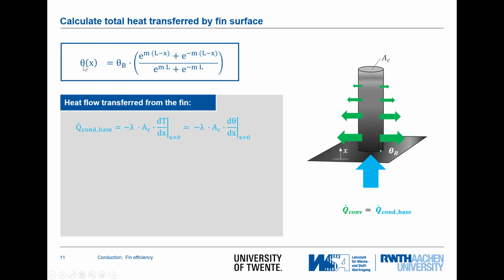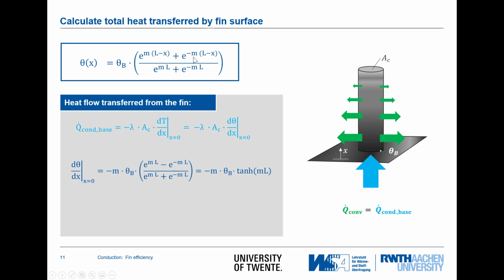The temperature profile was given by this equation, and so to make the derivative, we see that here we have x in the top part, and at the location x equal to 0, we have already put in 0 for the x.